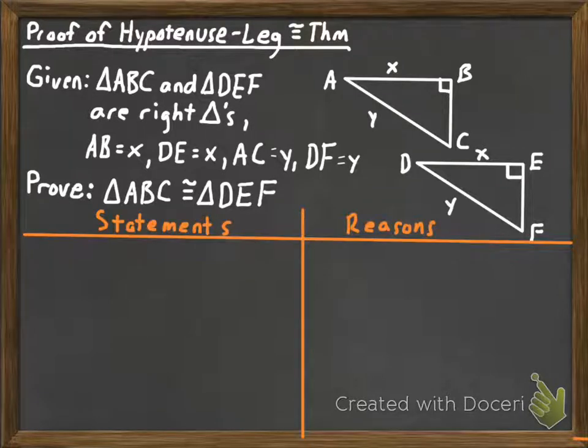Now, what the hypotenuse leg congruence theorem would say is that if the hypotenuse and one of the legs of a right triangle are congruent to the hypotenuse and a leg of a second right triangle, then those right triangles are congruent to one another.